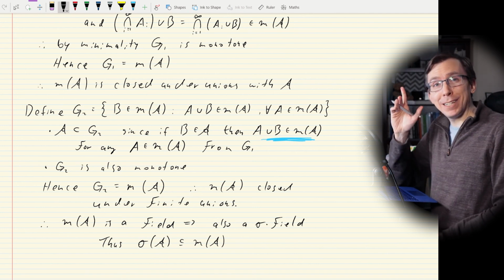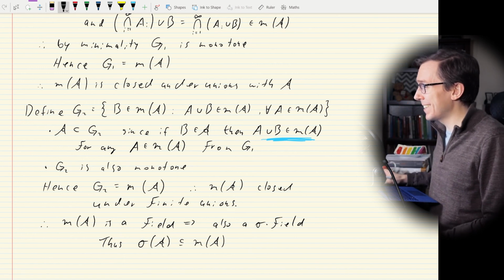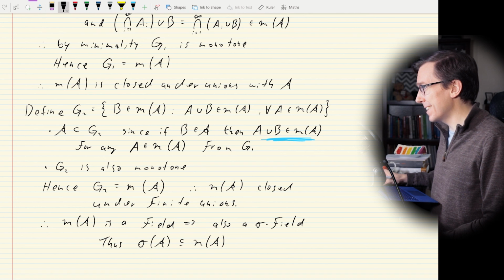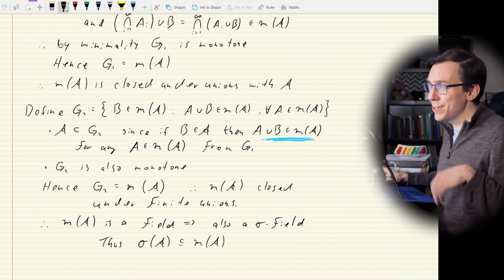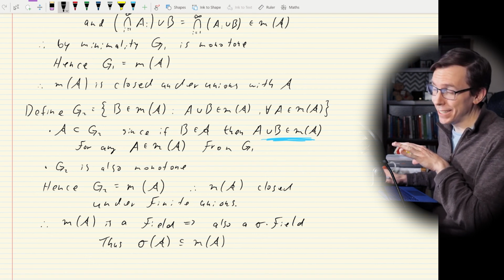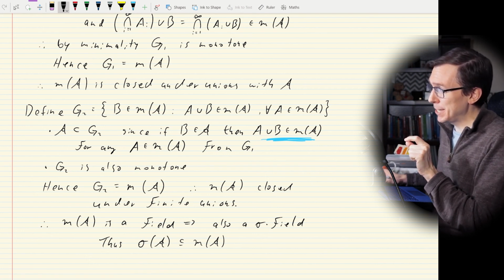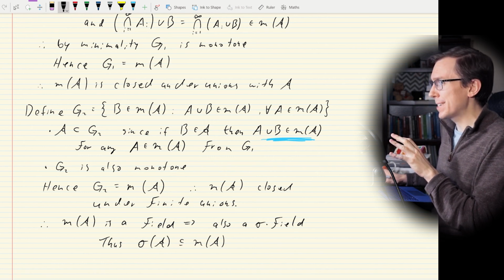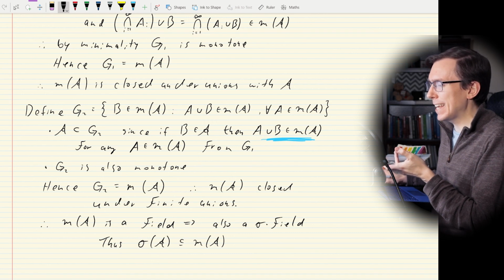Yeah, I think that's probably good for today because I'm kind of tired and we still have a lot to do to prove that existence and uniqueness theorem for product measure. What we're going to do next is prove a lemma, and this lemma is going to be specifically for finite measure spaces, and it's going to allow us, in some sense, to define that this extension makes sense for finite measures.